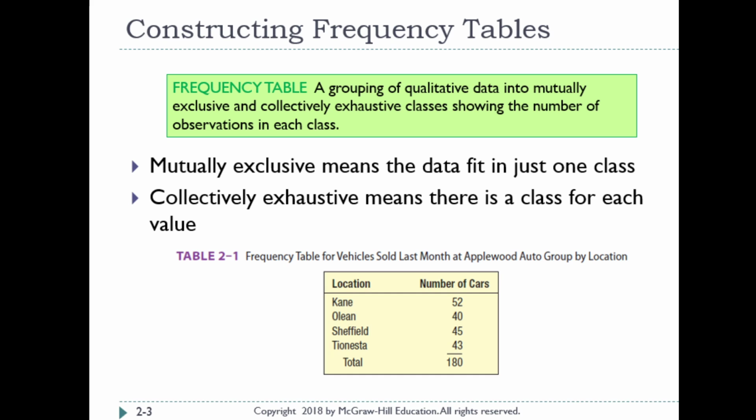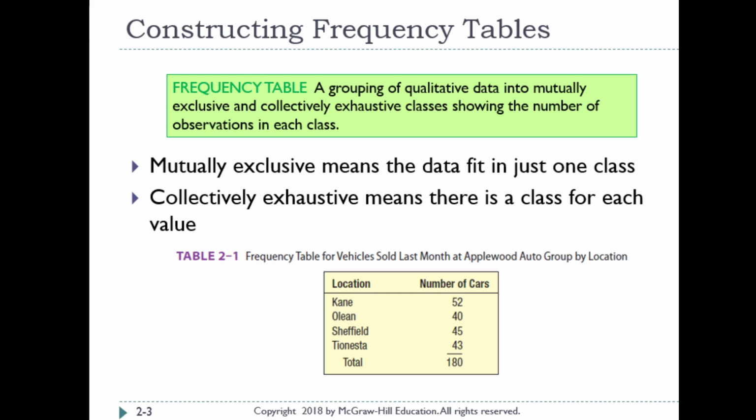So we had four states here. If we had a person that did live in Oklahoma, and it was listed as Oklahoma in the data set, we would need to make a class for Oklahoma. We can't have that person not find a class.